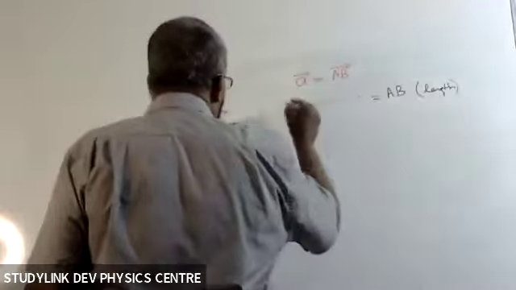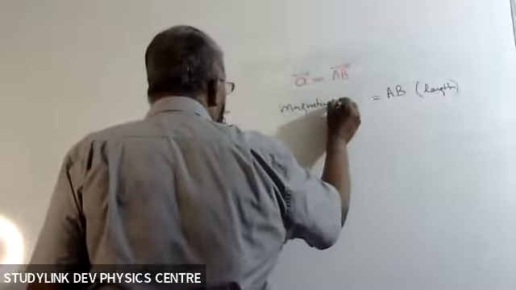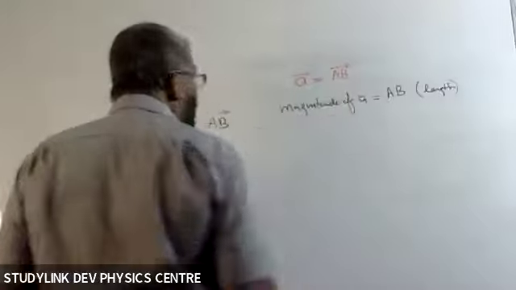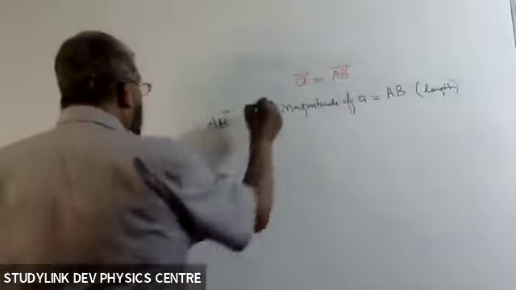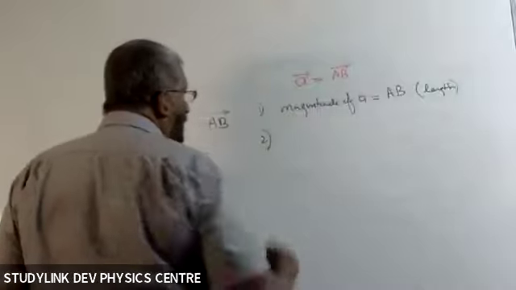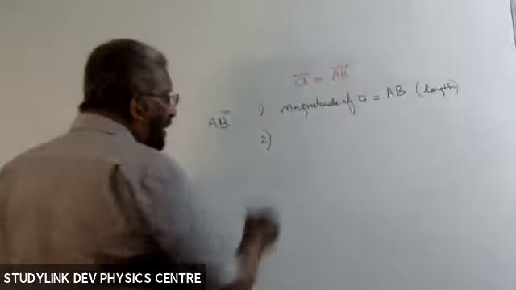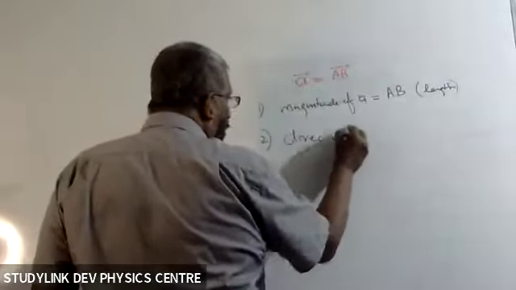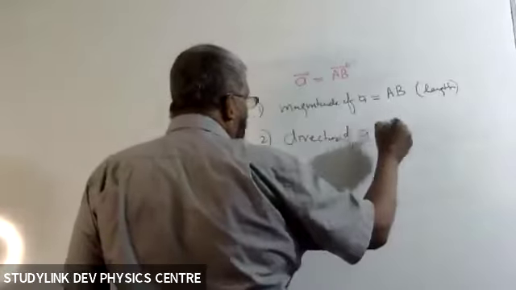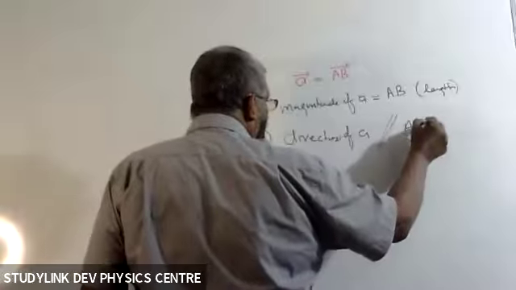Or we can write magnitude of, if you have a problem of writing magnitude. That is the number one condition. Number two condition, direction of A must be parallel to AB.